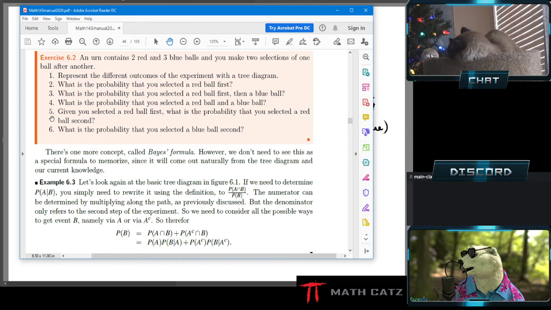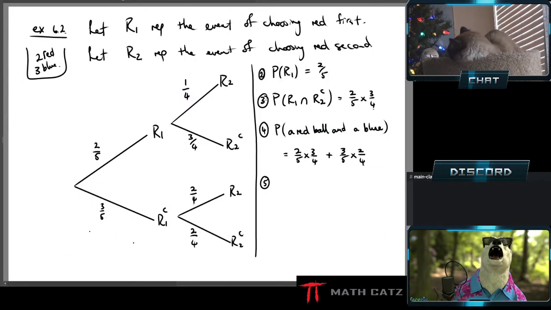Number 5, given, keyword, given you selected a red ball first, what is the probability that you selected a red ball second? So now it takes a while, perhaps some experience, to recognize when it's a conditional probability and when it's not. That is definitely something that we have to be able to do.